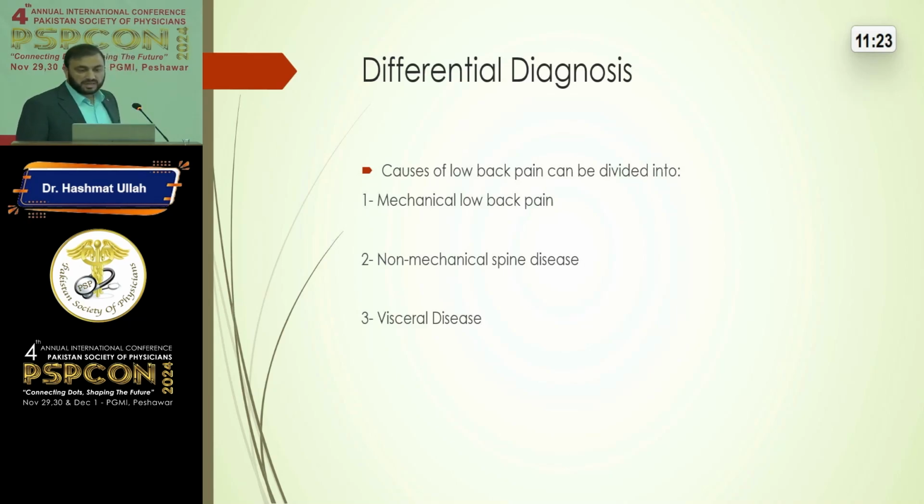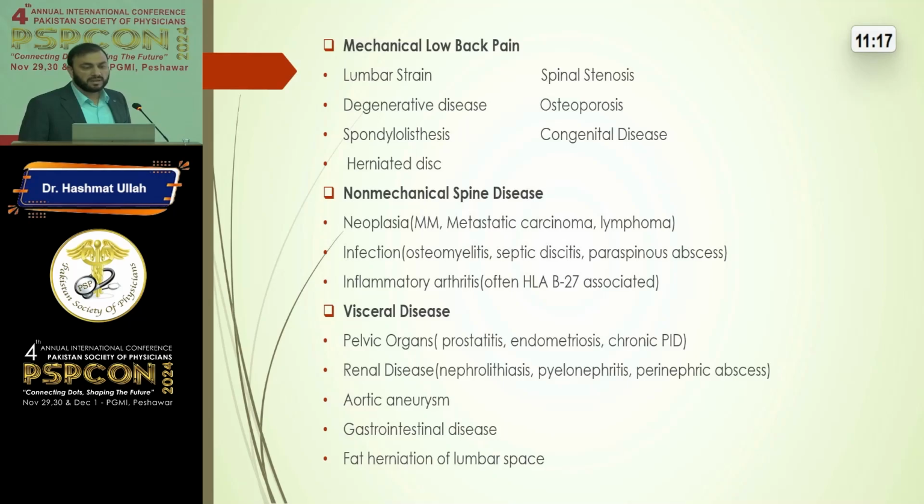The differential diagnosis, as you all know, is mechanical, non-mechanical, and visceral pain. Causes of mechanical pain include lumbar strain, degenerative disease, osteoporosis, and congenital disorders. Non-mechanical causes are very important. We should know the neoplastic, especially in elderly patients: multiple myeloma, lymphoma, metastatic cancer.